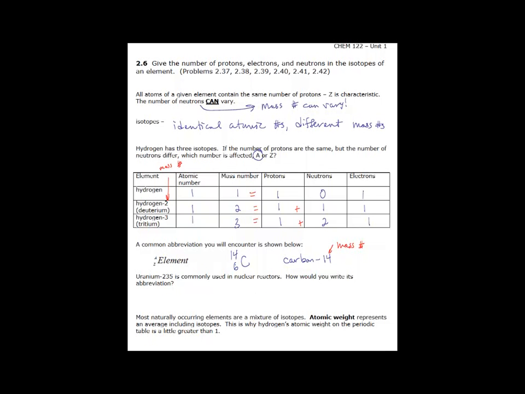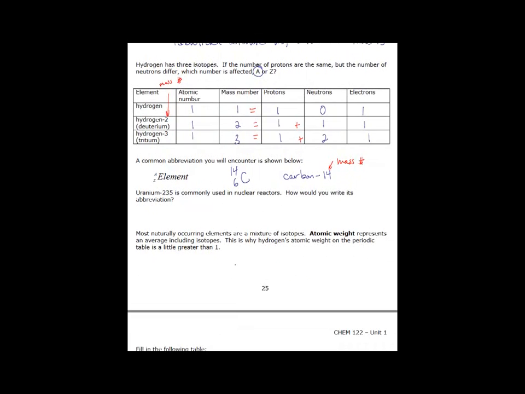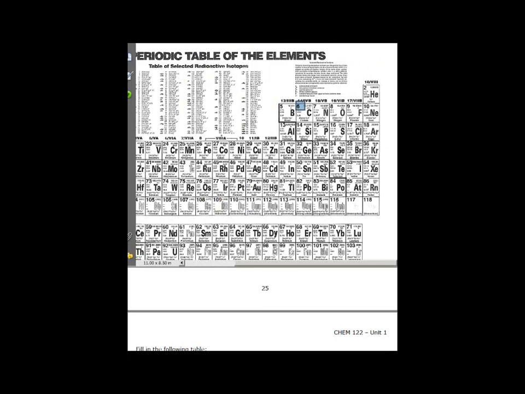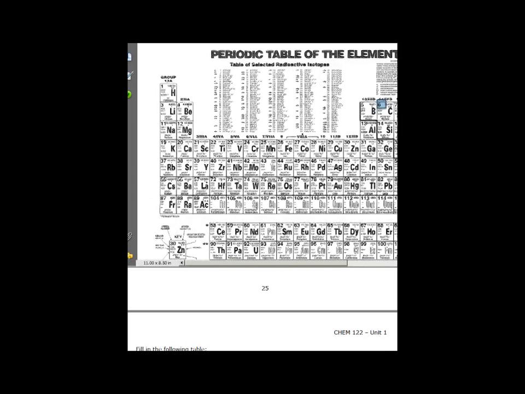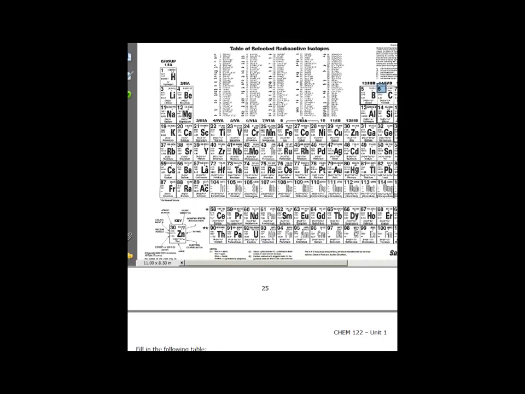So uranium-235 is commonly used in nuclear reactors. How would you write its abbreviation? Now, if you look on the periodic table, uranium is in that island, so it's in the inner transition metals. It's right here.